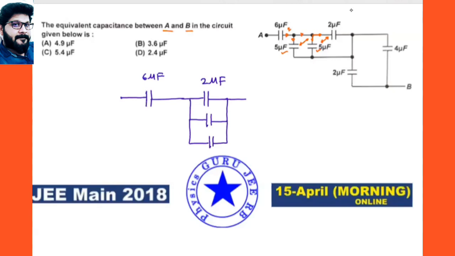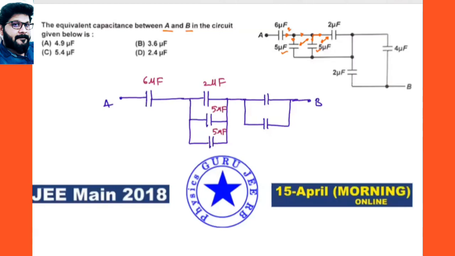Fine. So 5 microfarad and 5 microfarad. Let me show you. And next here 4 microfarads, and here it is nothing but parallel to it 2 microfarads. So across A and B, if I take here 6 microfarads, next here it is 2 microfarads, here it is 5 microfarads, and here it is 5 microfarads.